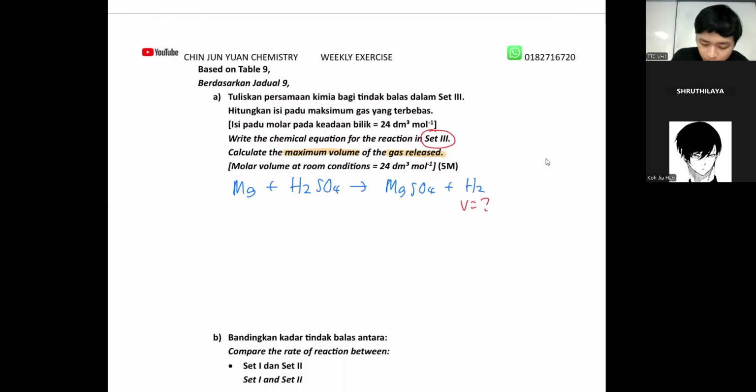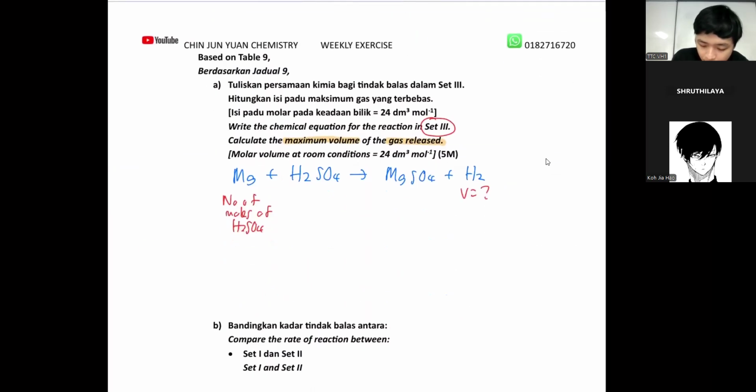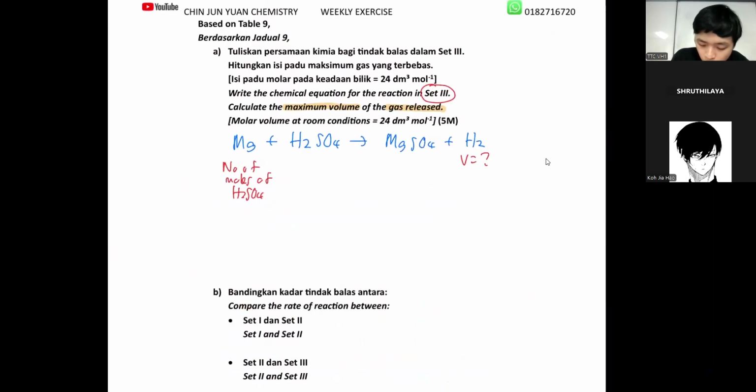Once again, first step, find the number of moles of what they give, H2SO4. They give you 2.0 and 20 cm3, so you can straight away use MV over 1000: 2.0 times 20 over 1000, which gives 0.04 mole.